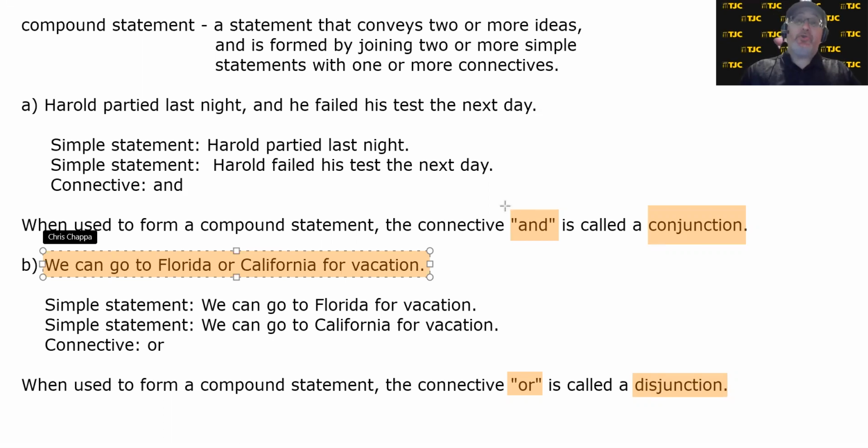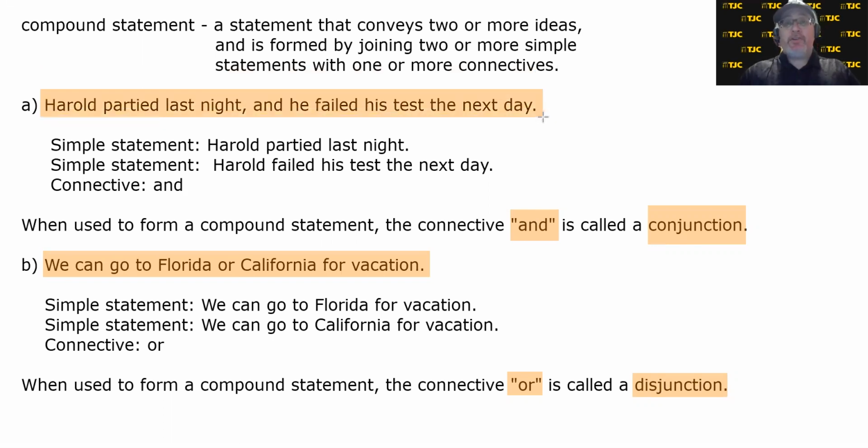We can either use it to refer to just the word and in the context of symbolic logic, or we can use it to refer to an entire compound statement formed with and. So it wouldn't be wrong to say the compound statement, Harold partied last night and he failed his test the next day, is a conjunction. And it would also be correct to say the word and is a conjunction.